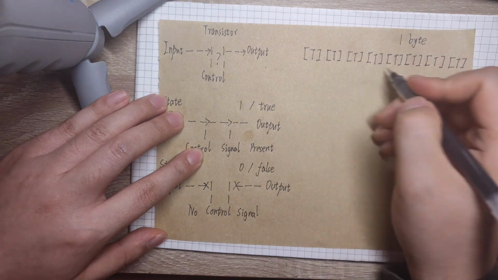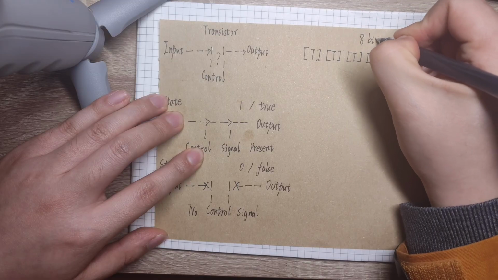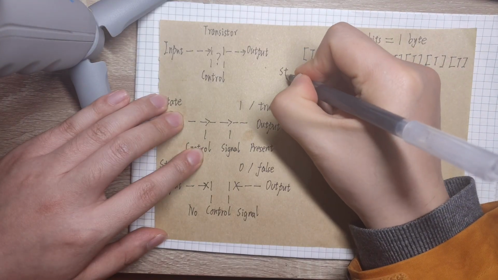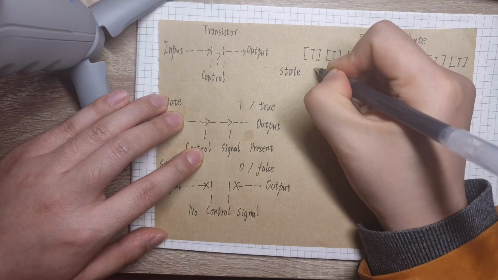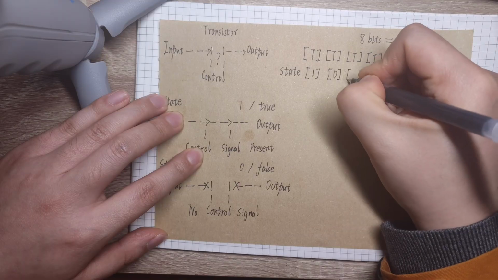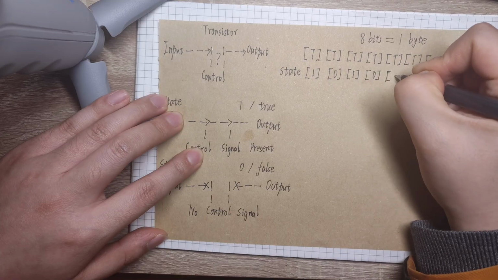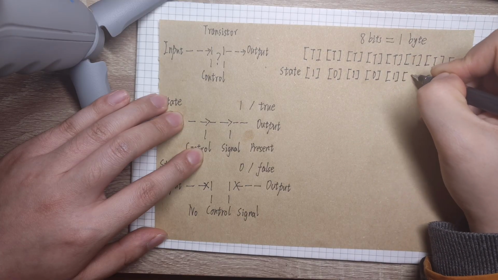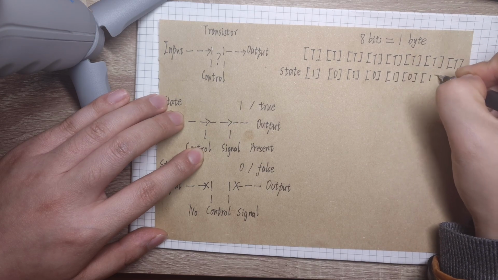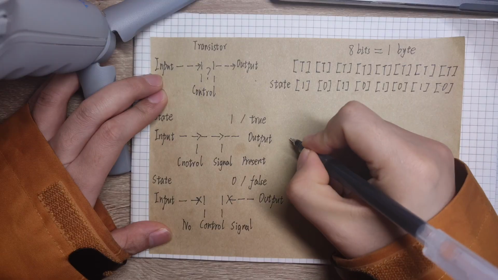These 8 LEDs represent 8 bits. They each have their own state. Every variable you declare in Java ultimately will become a pattern like this and be stored in your computer memory.